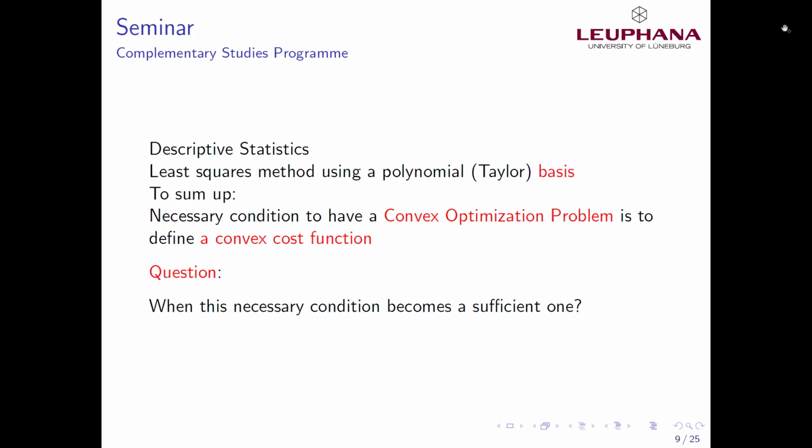We have something strange. We don't have any minimum because this function is a monotonic function. Yes, the derivative with respect to x. Just to recall your knowledge from high school.